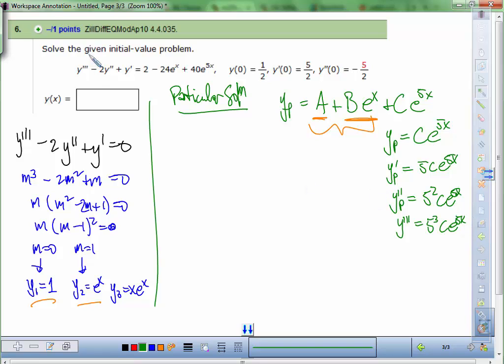So we'll put into this differential equation to solve for this unknown coefficient. We have 5 cubed, that's 125, I think. Well, we'll keep it like that for now, C e to the 5x. Let me write this down and we'll factor it all out.